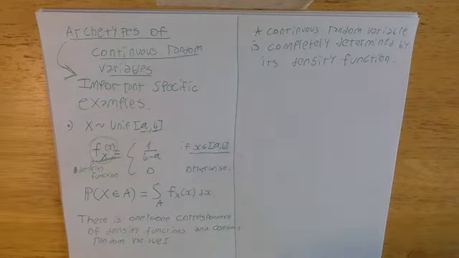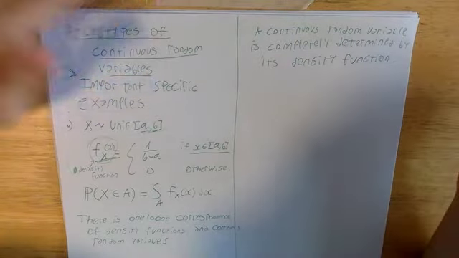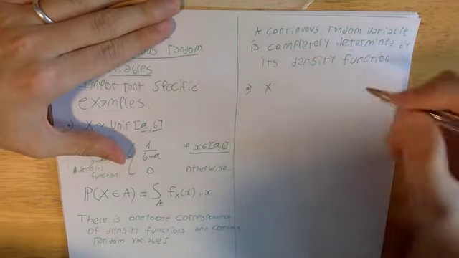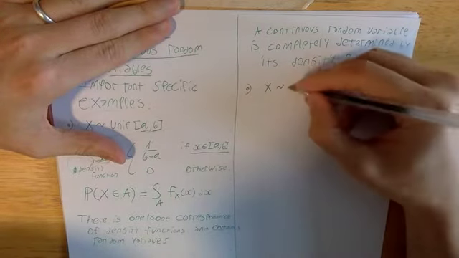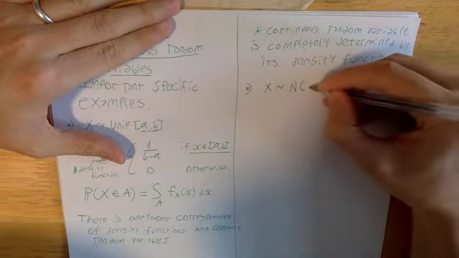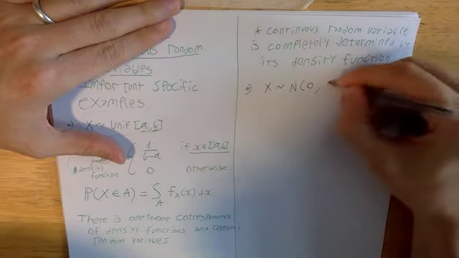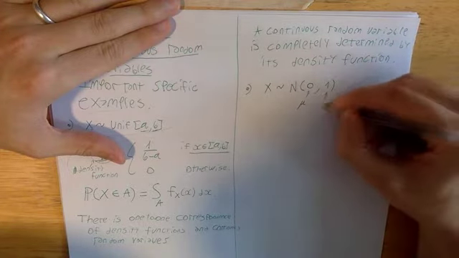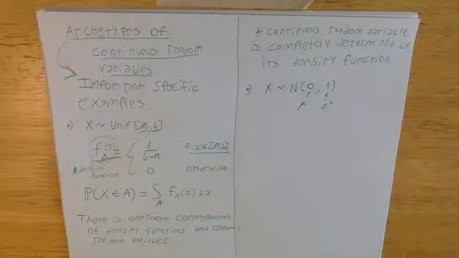Okay, so we can write a definition or an example. X is said to have a normal distribution with parameters 0 and 1. These are what are called mu and sigma squared.